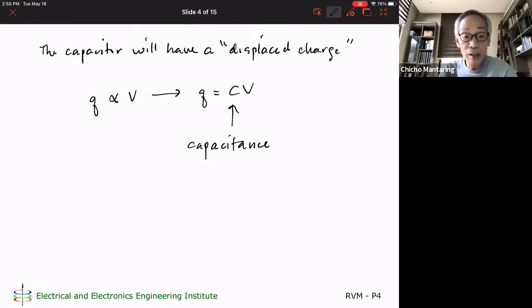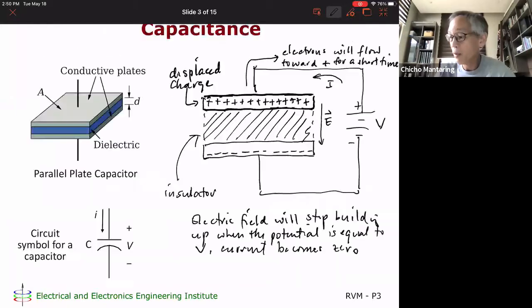So there's a question. Yeah, actually, you might think of it that way. It's not really charged per se, but your molecules aligned, or your charges aligned so that the positives are on one end and the negatives are on the other end. So that is your displaced charge. And again, no actual charge can flow through your dielectric because that is a dielectric.